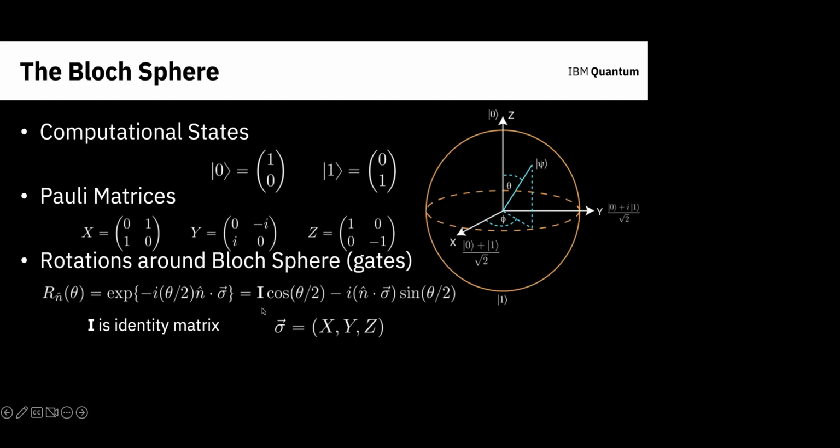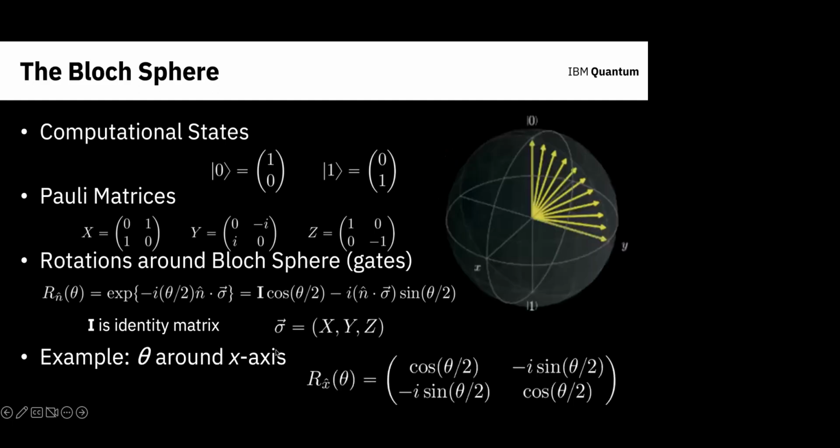It still maybe looks a little complicated, but it's actually pretty easy to use. If I want a rotation of theta around the x-axis, I just put my X Pauli in there and do the math, and I get the unitary that executes a rotation of theta around the x-axis.